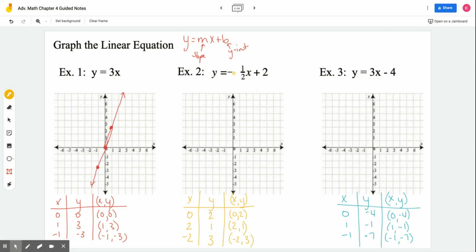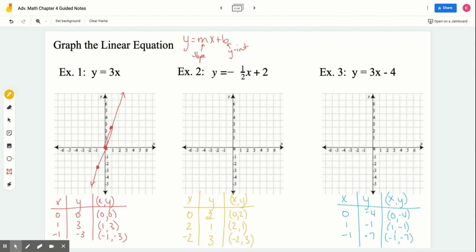So if I plug in 0, -1/2 of 0 is 0 plus 2 is 2. -1/2 of 2 is -1 plus 2 is 1. -1/2 of -2 is +1. Negative times a negative is a positive. Plus 2 is 3.